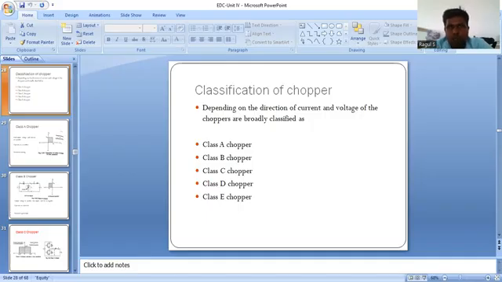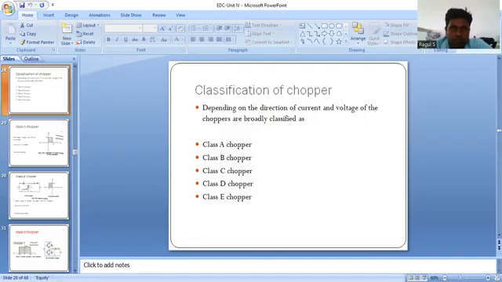What are the advantages? It has small size and less weight, so it can be flexibly controlled. At the same time it has high efficiency and is a fast response converter. Regeneration is possible, and very low speed applications are also possible.